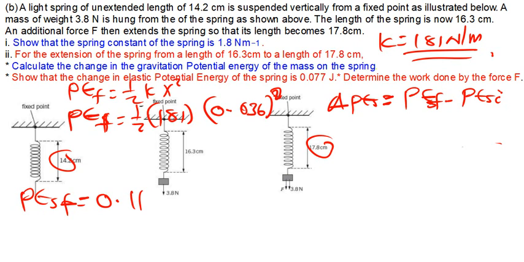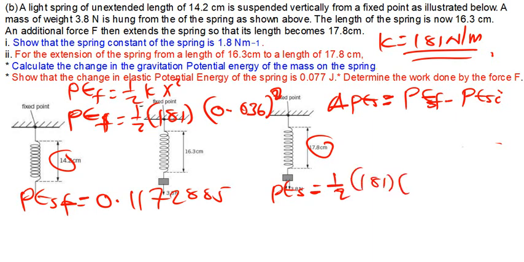Okay, 0.117288 joules. So now let's find the initial elastic potential energy, which will be the same as half k x squared, where k is 181. Then my x now is this minus that, the one we had, which was 0.021. Now you square it.